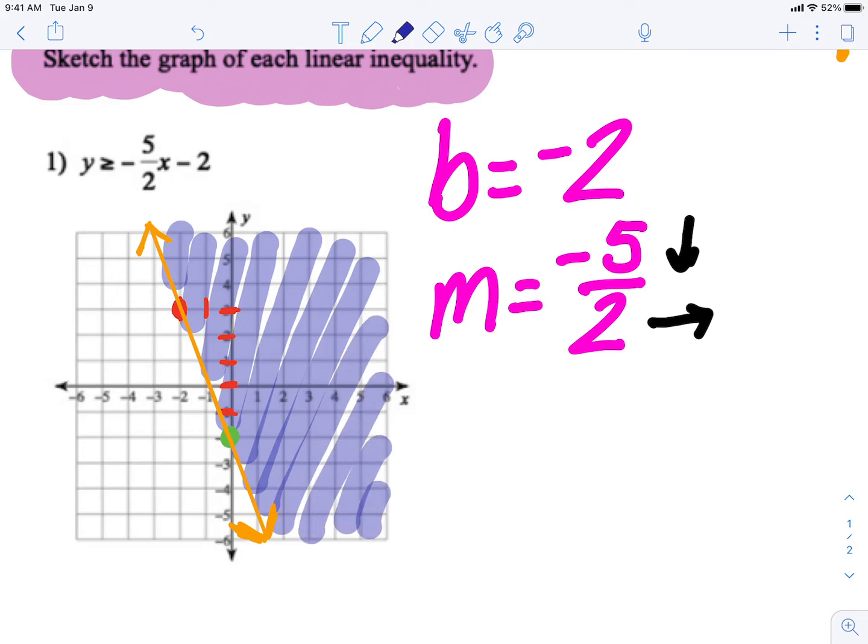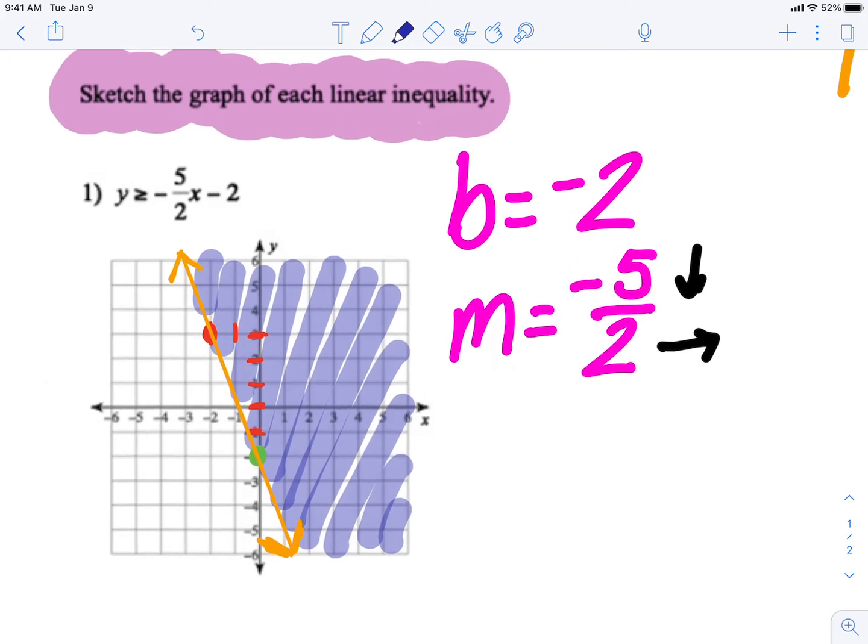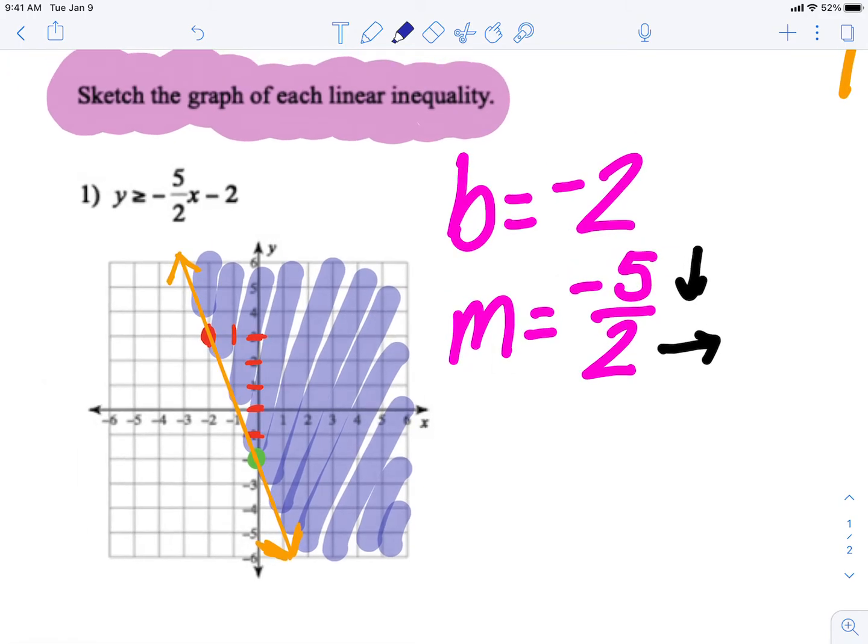Look at that. And that is my solution right there. I shaded above the line. Right? This is y is greater than or equal to negative 5 over 2x minus 2. Right? There you go. Look at that.